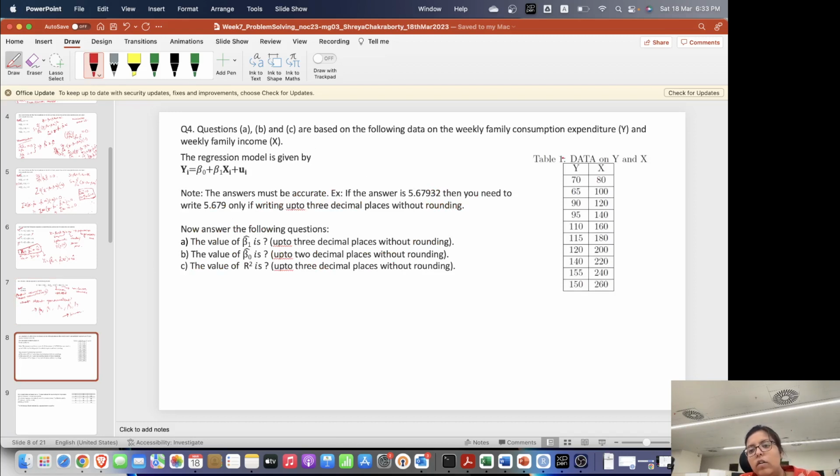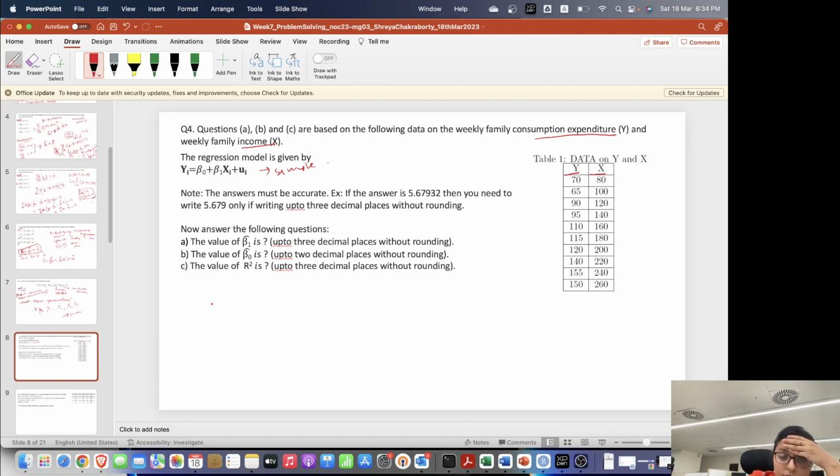So here we have data on x and y. We have been asked to fit the regression of expenditure on family income, and there are no other variables involved. We are just going to use a simple linear regression model, and we have to find the estimates of beta naught, beta 1 and r square.